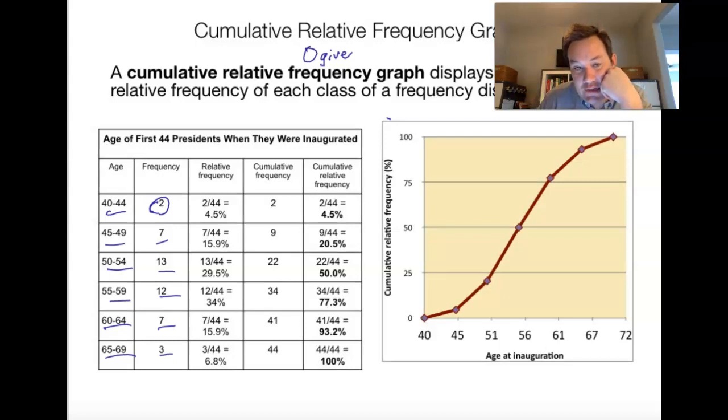So what we've then done is taken that frequency and made it a relative frequency for each class. For each class, I took the frequency and divided it by the total number of presidents to that point, which was 44, and that gave me a relative frequency, or the percent that fell into that class.